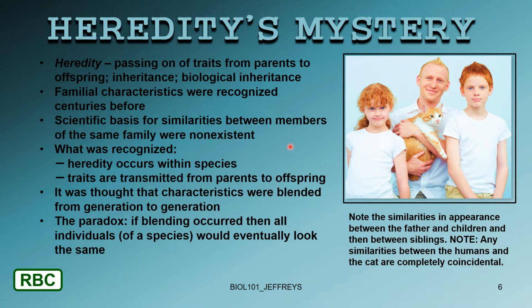Because over time, if the phenotypic characteristics blended, then eventually you get similar individuals of a species mating, and of course their offspring are going to be very similar, kind of like what happens in bacteria. But of course that doesn't happen in eukaryotic species. So that was the big question centuries ago.